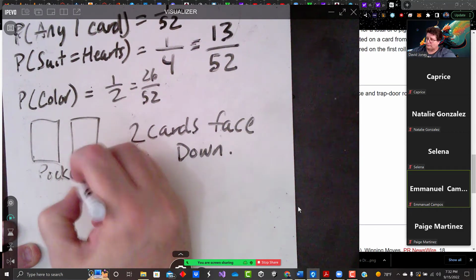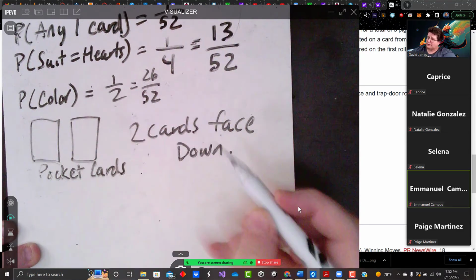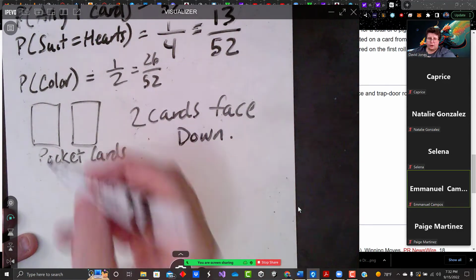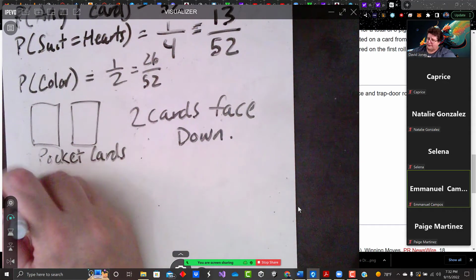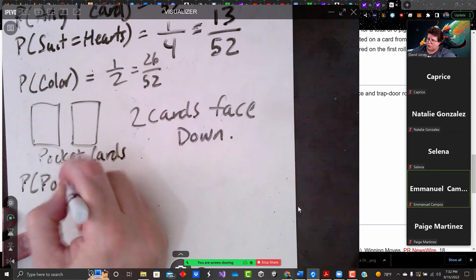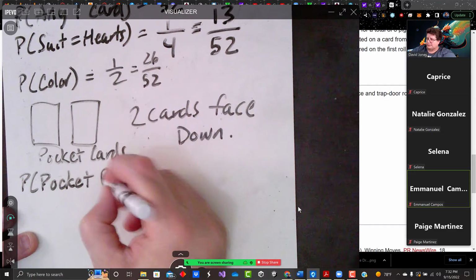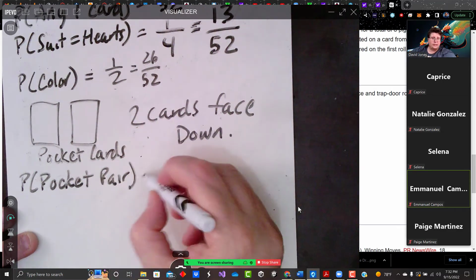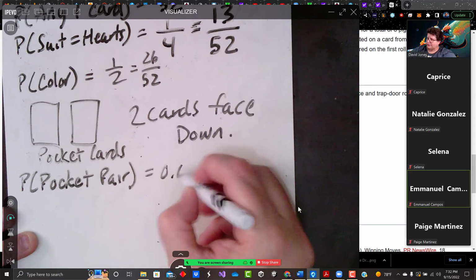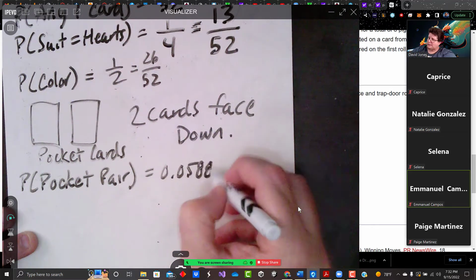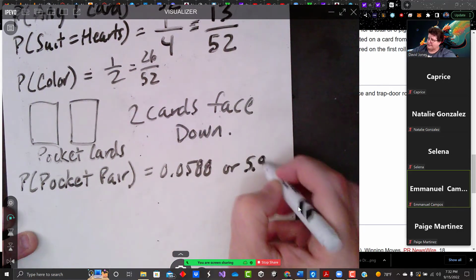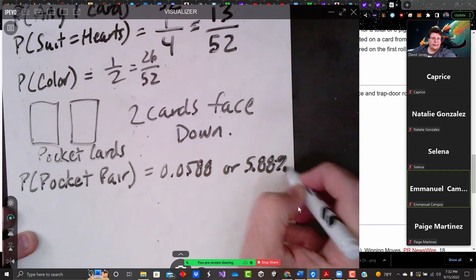This is Texas Hold'em, not like 5-card draw. The probability of getting a pocket pair, or 2 of a kind, in the hole cards is 0.0588. This is some fun stuff, which is 5.88%.